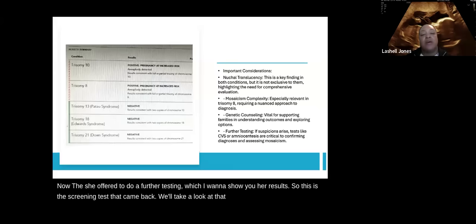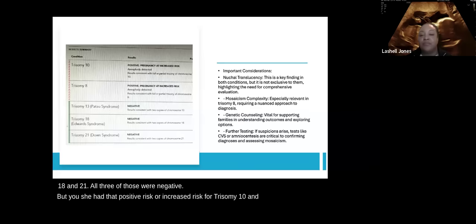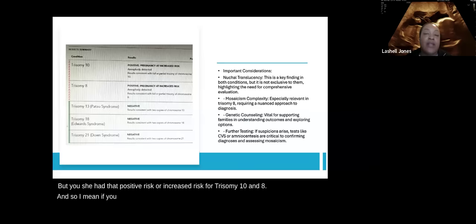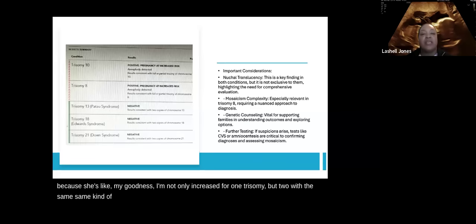Now look at down the bottom, 13, 18, and 21, all three of those were negative. But you see, she had that positive or increased risk for trisomy 10 and 8. If you think about it, the patient's anxiety level was really there, because she's like, oh my goodness, I'm not only increased for one trisomy but two, with the same kind of ultrasound markers which we're seeing.